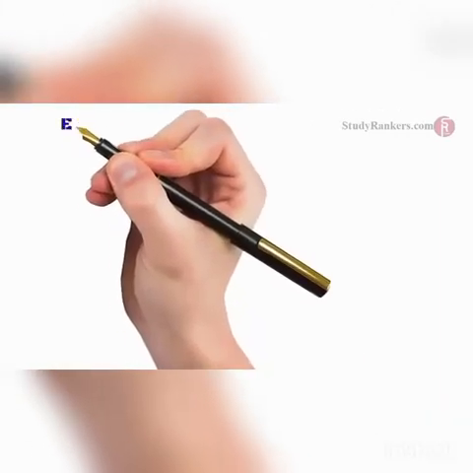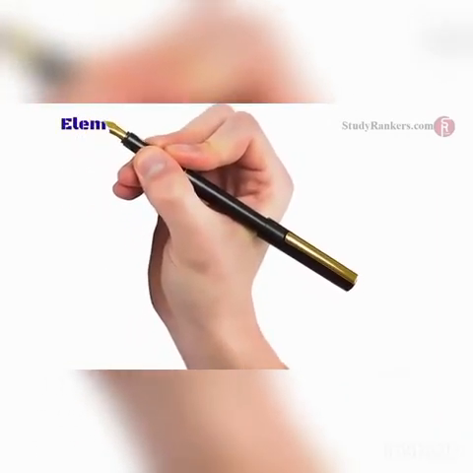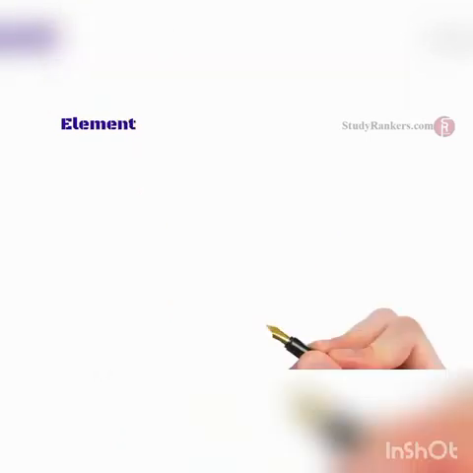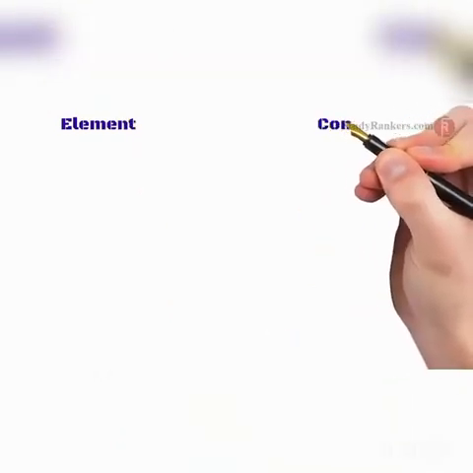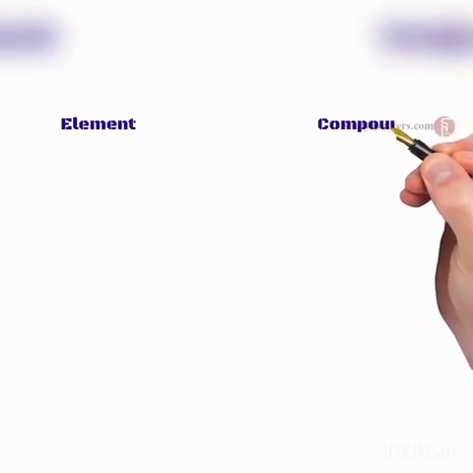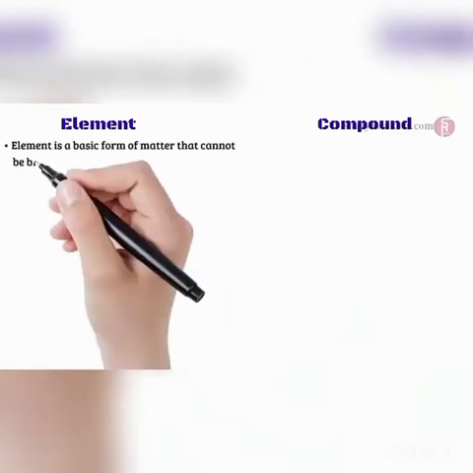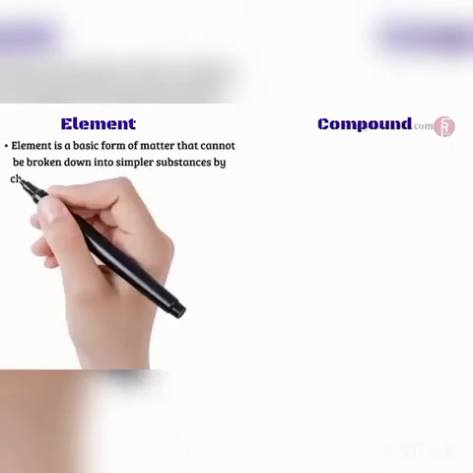Lastly, we will know about pure substance. We already know that pure substance is categorized into two parts on the basis of their chemical composition, which are elements and compounds. So, first of all, we will know what is an element.